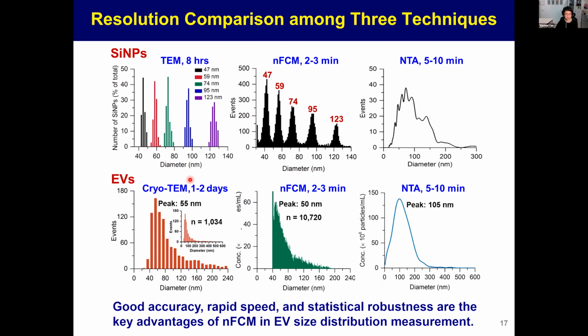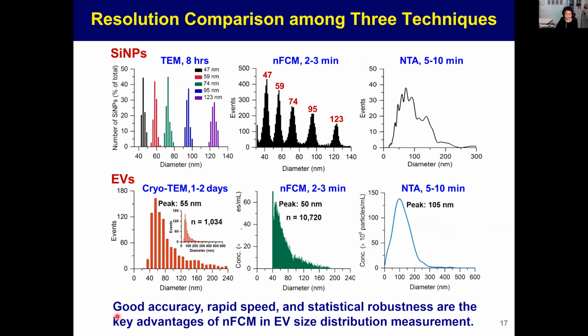For the EV samples, the peak position and also the shape obtained by Nano-FCAM and the cryo-TEM are very comparable. But for the result obtained by NTA, you can see both the shape and the peak position deviate largely from the corresponding values obtained by cryo-TEM or Nano-FCAM.